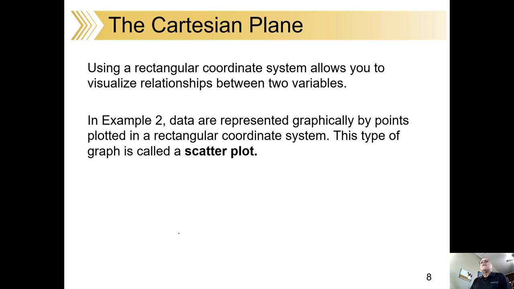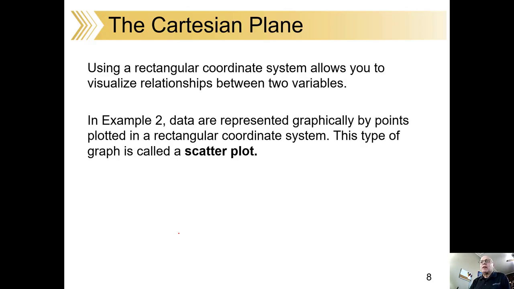So what happens if you've got two variables and you've got a bunch of data? Well, one of the things you can do is look at what's called a scatter plot. Take all those points, graph them on the same coordinate system, and see if you see some kind of pattern. The ideal one is if you see a linear pattern.